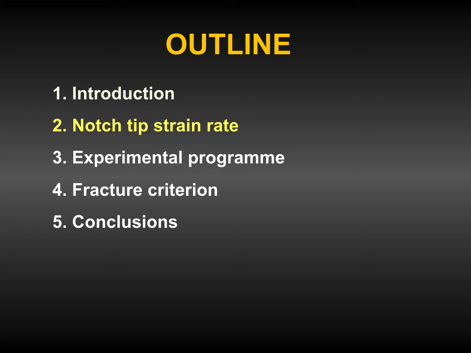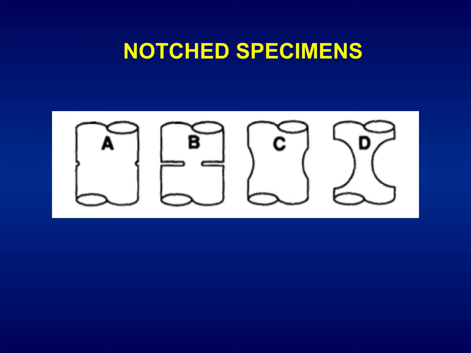Let's go to the concept 2 of notch tip strain rate. In this work, I am analyzing 4 very different notched specimens with very different geometries, covering the wide range of stress triaxiality constraint levels in the samples. Geometry A, minimum depth, minimum radius. Geometry B, minimum radius, maximum depth.